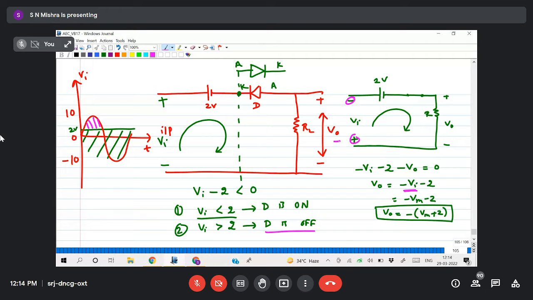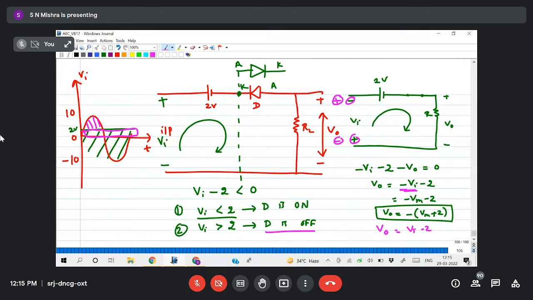If you take minus plus for this 0 to 2 region, then it will be Vi minus 2. Because depending upon this sign convention, we are getting this minus sign or plus sign. So I can directly say V naught equals to Vi minus 2 for this 0 to 2 portion, and for 0 to minus 10 portion, minus Vi minus 2.